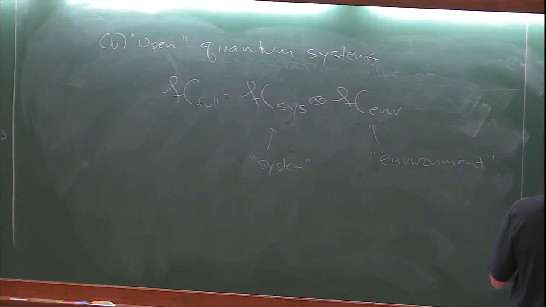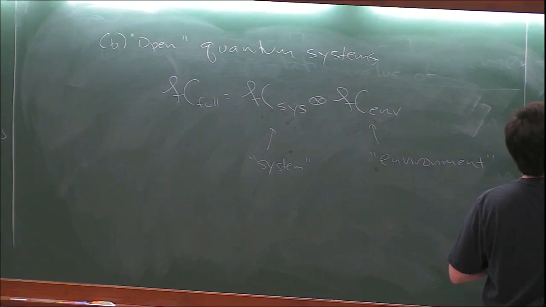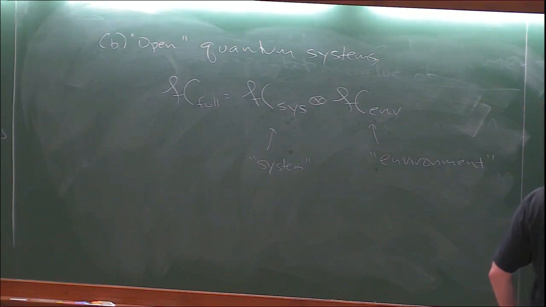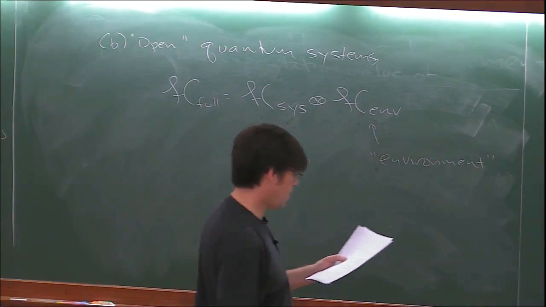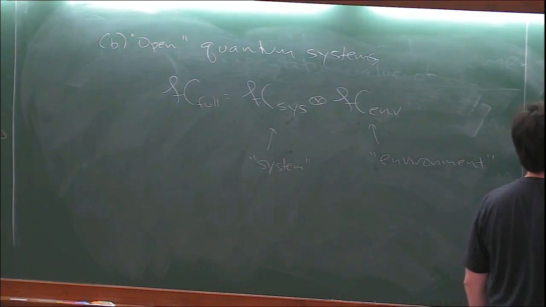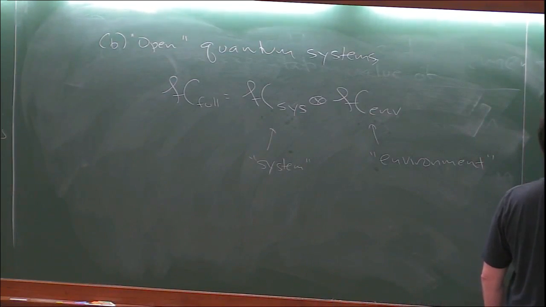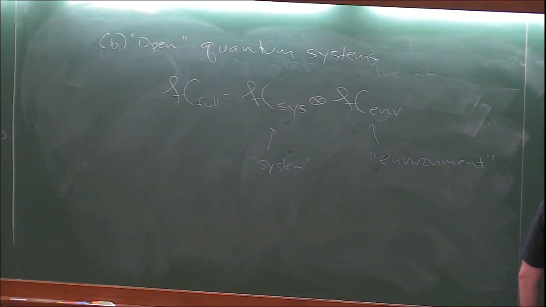So once again, in this situation, I have the full state as before. So now I'm replacing what used to be A and B with system and environment. And now let's say I have an observable, which I'll call A hat S cross 1 acting on the environment, which I'll call, just by shorthand, A hat.